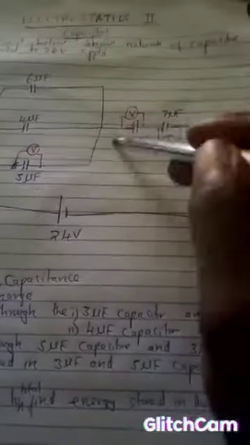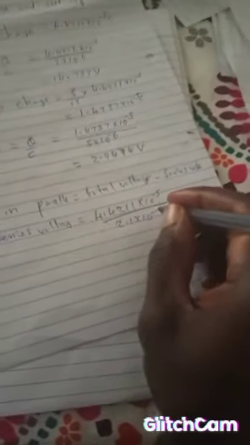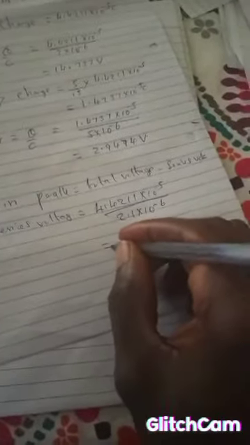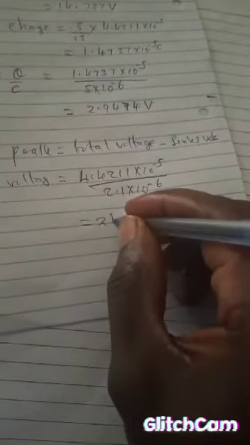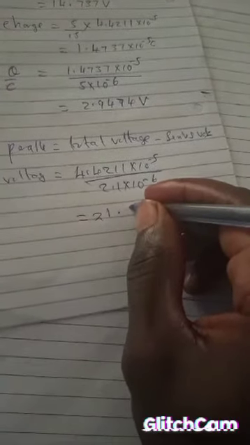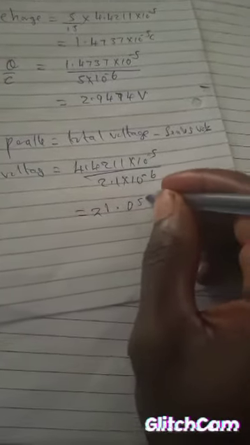We had found this one plus this one inverse, which gives 2.1 times 10 raised to negative 6. That leaves us with an answer of 21.0528 volts, if I'm not wrong. So that is the voltage in series.